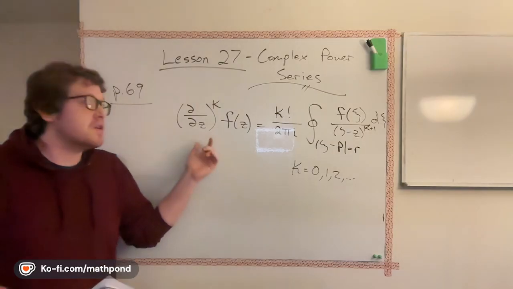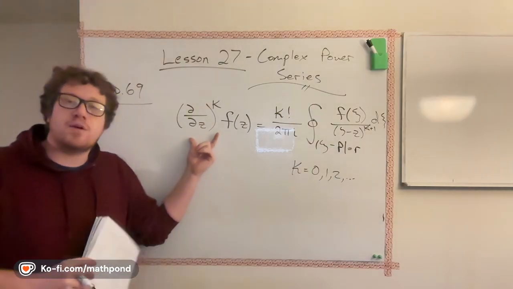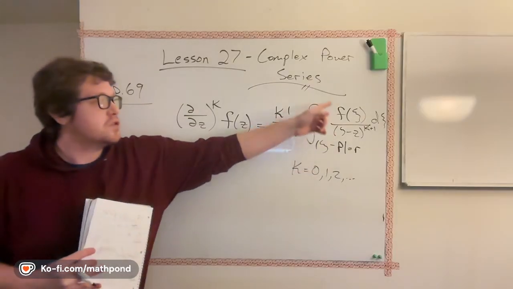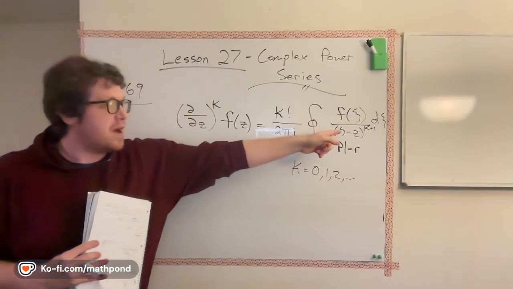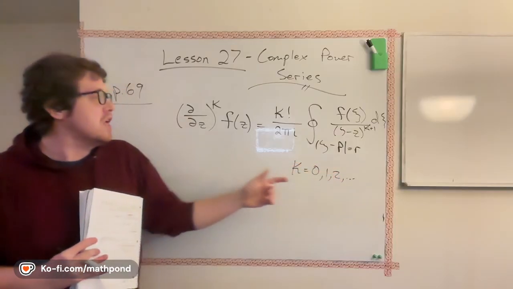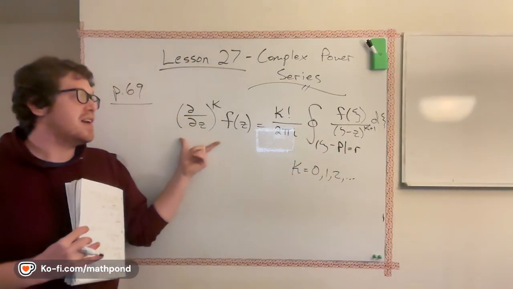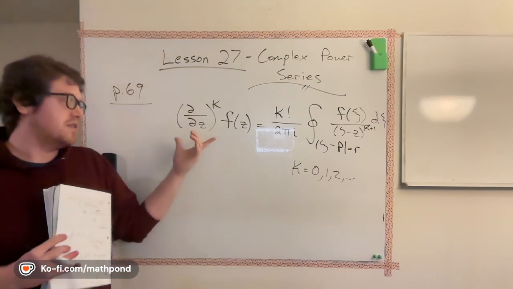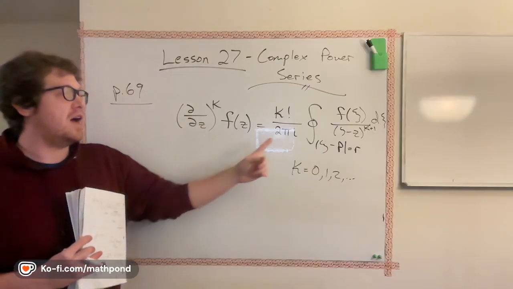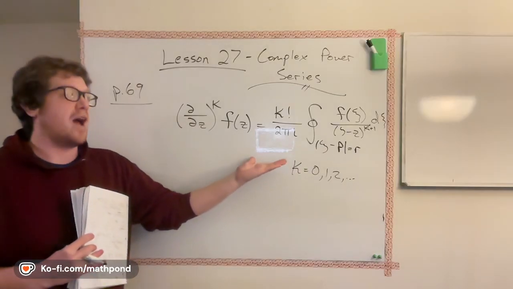And this formula is very important. Again, when k equals 0, it's telling you that the value of the function at a point is sort of like an average of the values of this function around this circle. So this is just a generalization of that. It's actually equal for the kth derivative, again, as this sort of average.